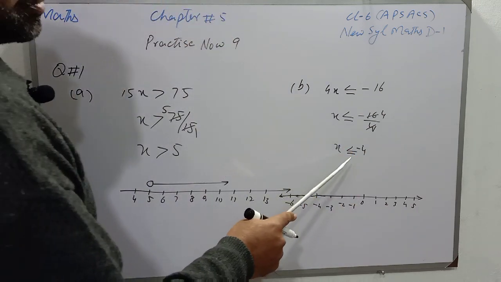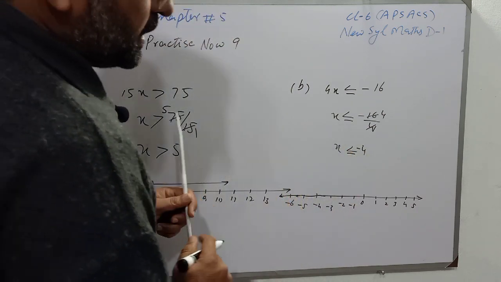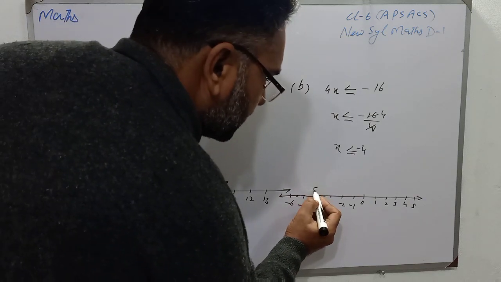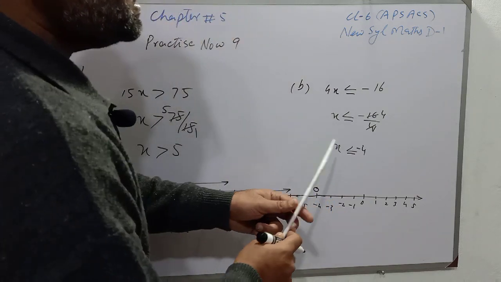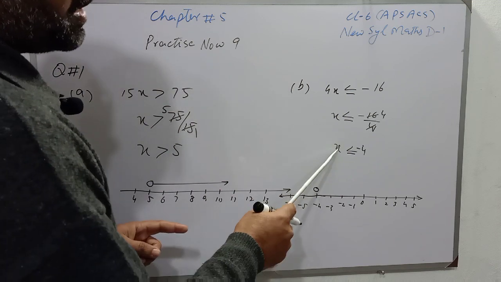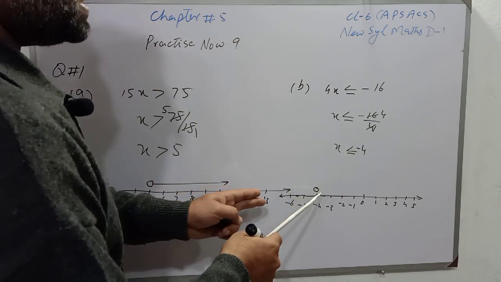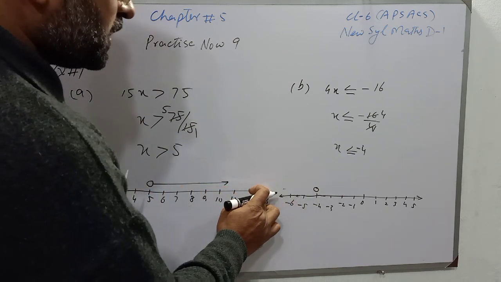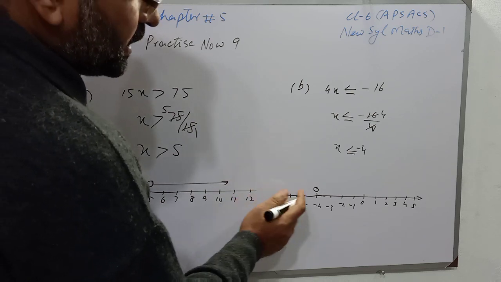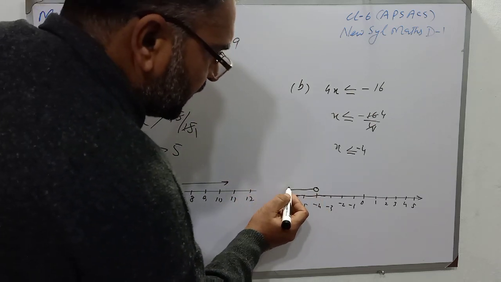Now students, we will put a circle on minus 4 and indicate it toward the left because x is less than, and less than direction is toward the left side. So we will draw the direction toward the left side.